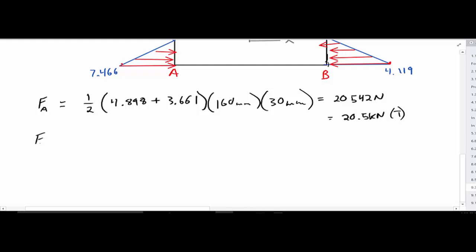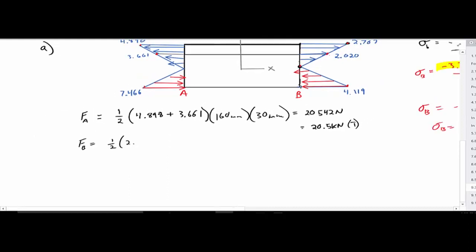And so the force acting on B, same process, 1/2 multiplied by 2.702 plus 2.020, multiplied by 160 millimeters multiplied by 30 millimeters. And then this will equal 11,334 newtons, which is 11.33 kilonewtons, and that's also in tension.